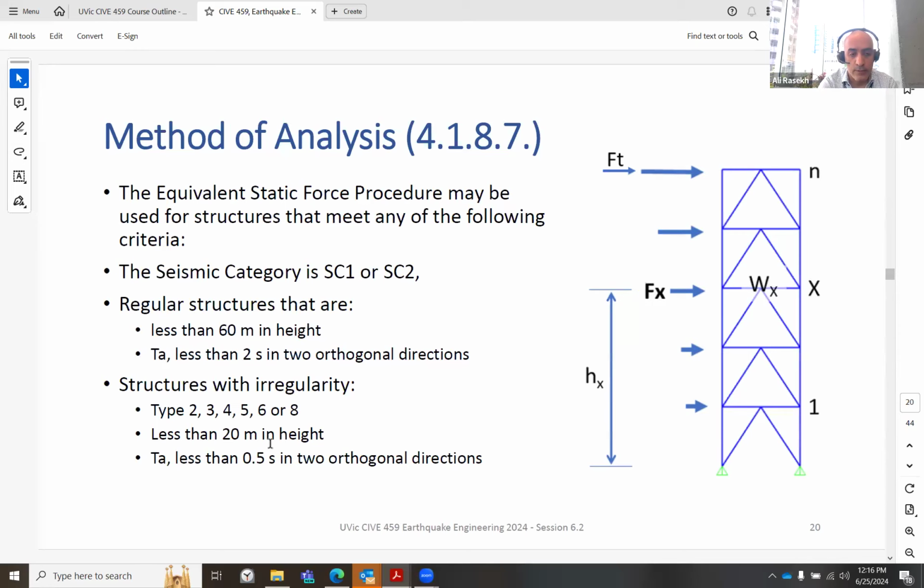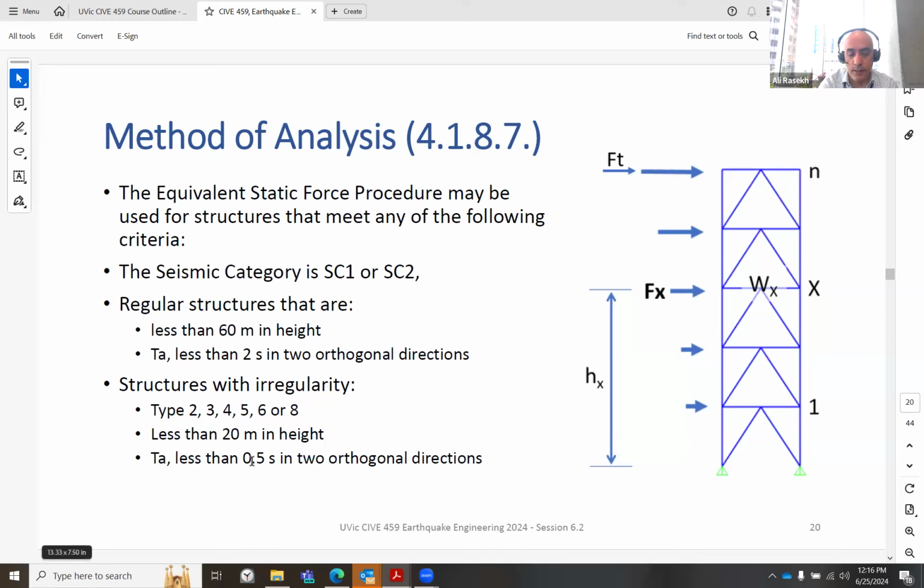And if you are an irregular structure, then we will discuss what we mean by types of irregularity, but it's mostly around stiffness or mass irregularity in elevation or in plan. And then the limit on elevation is a lot less. And period means almost the same.